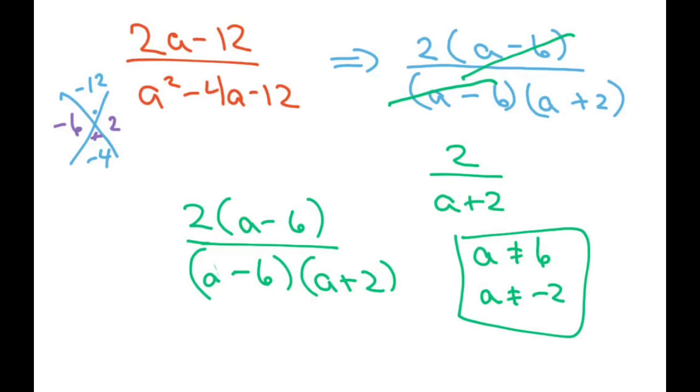For example, if I plug in 6, I'll get 6 minus 6 in the denominator, and you cannot divide by 0 in mathematics. It's undefined. The same thing is going to happen for negative 2. So basically, to find your restrictions, we do not want the denominator to be 0.